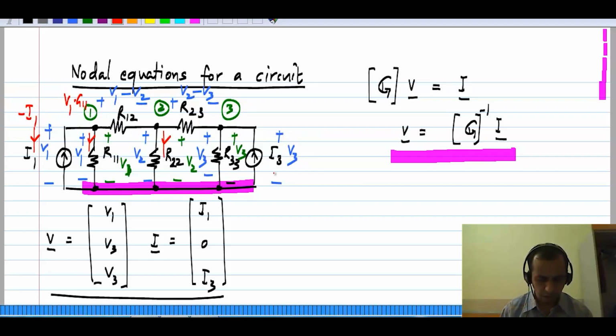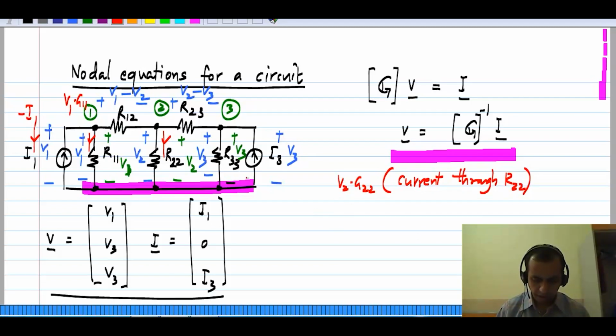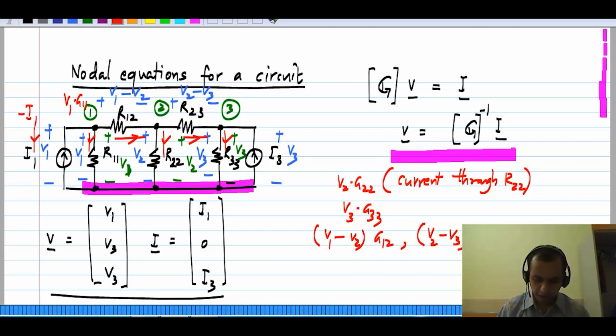So the current through R22 would be V2 times G22, and similarly through R33 it would be V3 times G33, and through these resistors R12 and R23 it can also be equally easily calculated as (V1 minus V2) times G12 and (V2 minus V3) times G23.